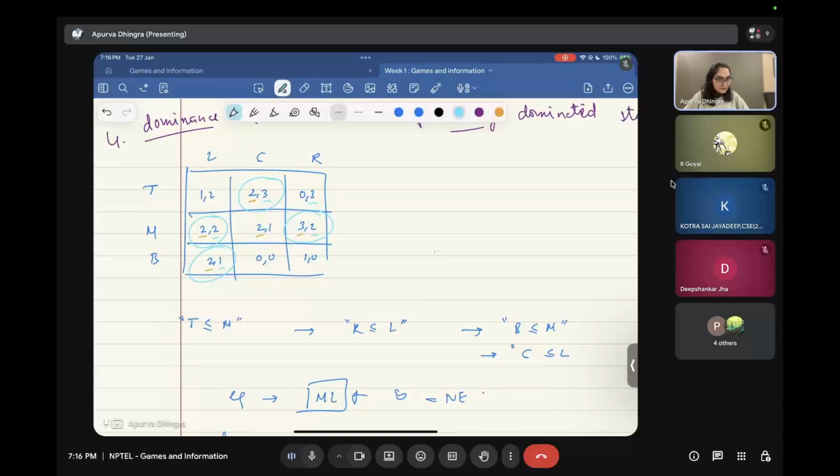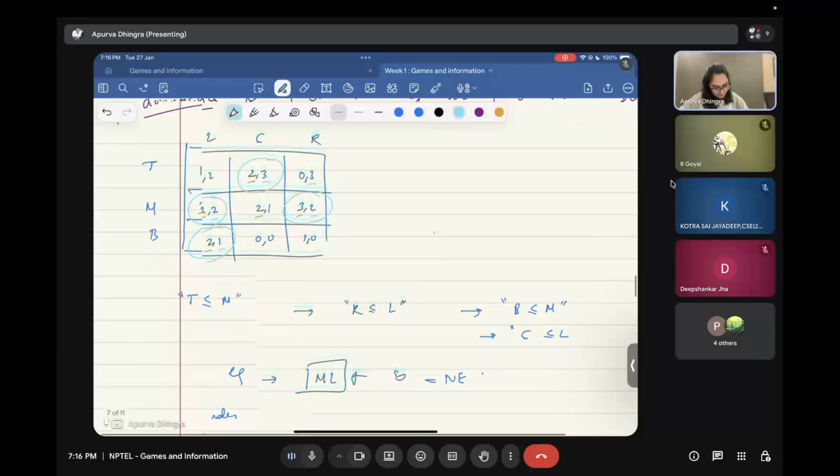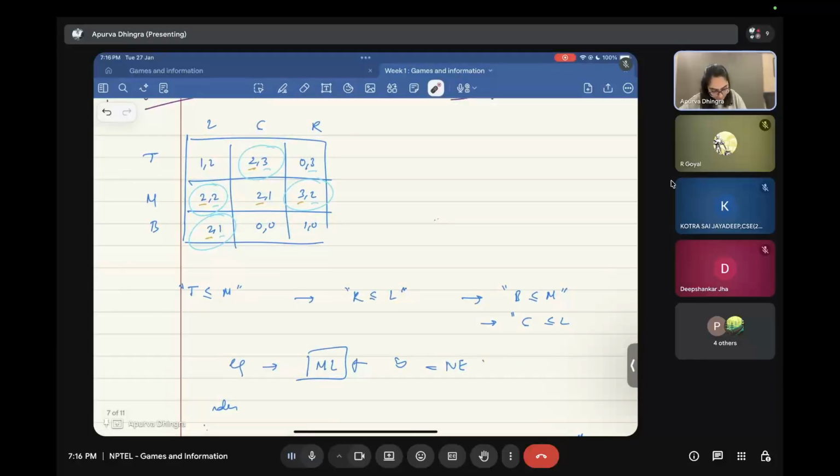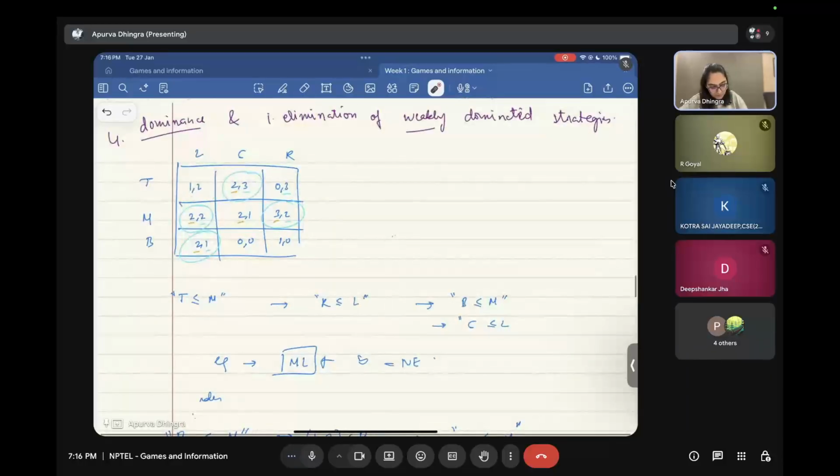But if we go by the process of eliminating, we would end up eliminating things that may actually be relevant in terms of the fact that they may actually be Nash pairs. Okay, so let's consider the first path. The first path is, we are saying M is the dominating one, weakly dominating one, or T is dominated.